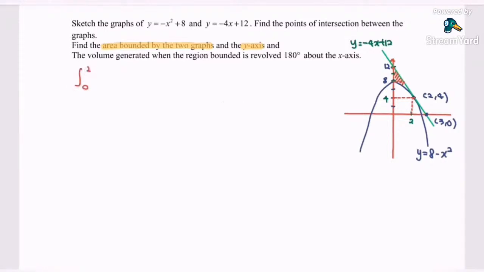In order to write the formula, kindly refer to the situation. Here we have the longest and the shortest path. So the longest comes first, meaning we have negative 4x plus 12 minus the shortest, where we have 8 minus x squared, with respect to x. So that will be the area.